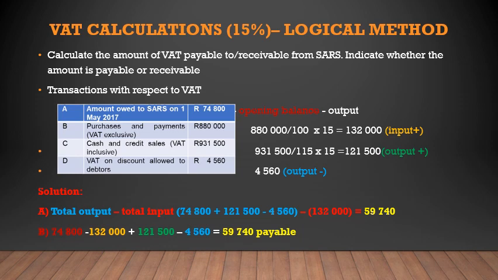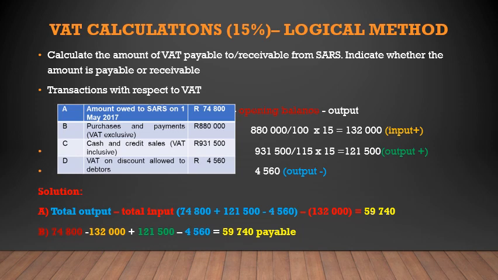Our formula says total output minus total input. If output is more than input, it means payable. If total output is less than input, it means receivable. So in this case, output was more than input. The difference is 59,740 payable. So this is the first logical method. You can present your calculations separately, your total output minus your total input, to give you the amount to be paid over to or received from SARS.